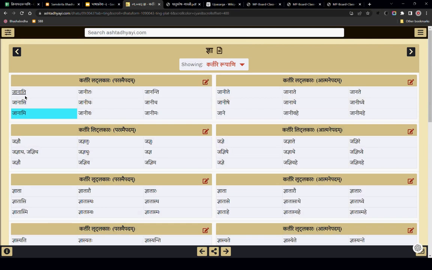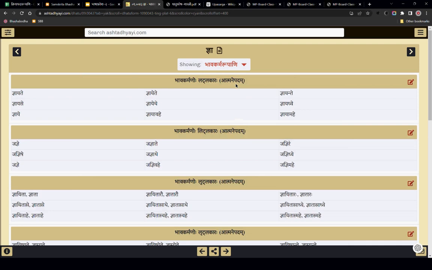What is the gana? 1, 2, 3, 4, 5, 6 out of 10. Anybody? 9. Which is the ninth one? Kryadi? Like krinati. Kriyadi. So it will be like kri becomes krinati, jna becomes janati. So dhatu is jna. So in bhava karmani or karma karmani, what does it become? Jna becomes jnayate. Okay.